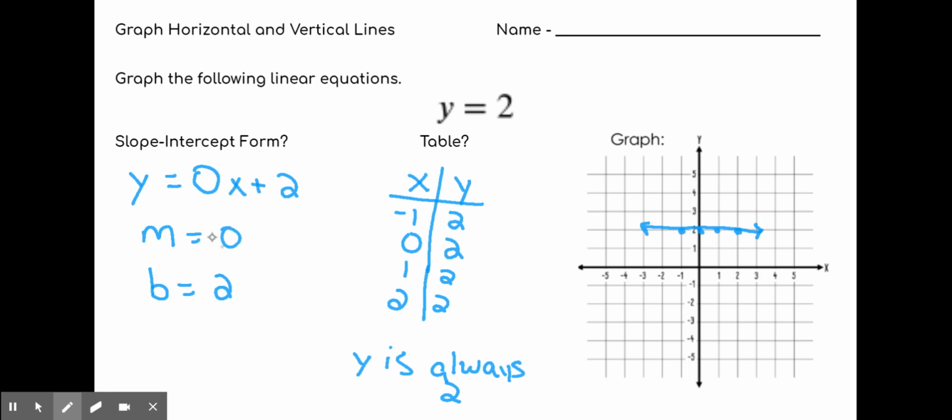What kind of line has a slope of 0? A horizontal line, right? So this has a y-intercept of 2 and is a horizontal line. It's a slope of 0. So if you have y equals something, whatever that something is, that is always going to be a horizontal line through that point, okay? Horizontal line.